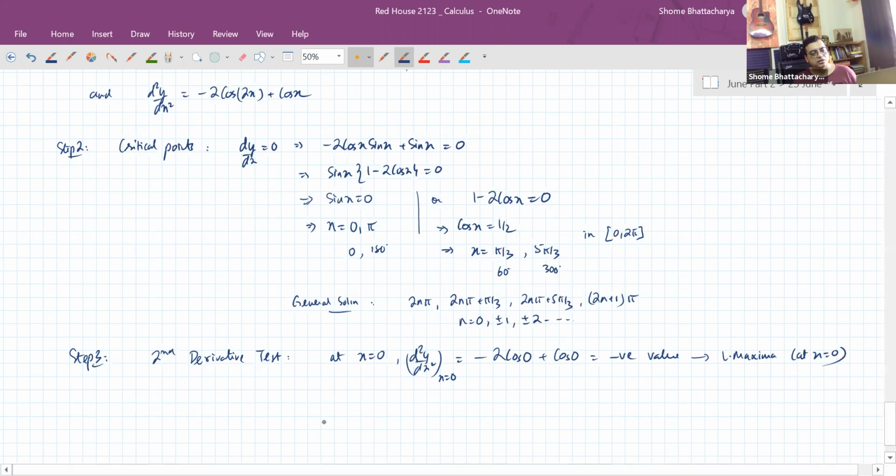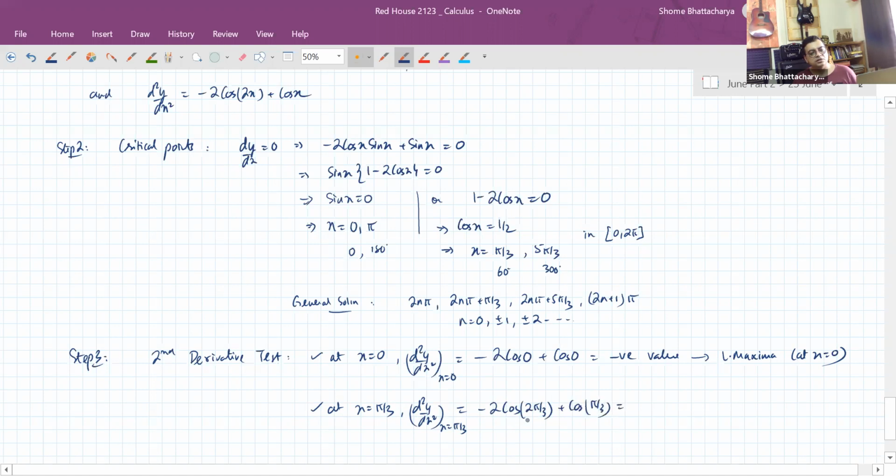Then at x equal to pi by 3, the second derivative's value is minus 2 cos 2x, so 2 pi by 3, plus cos pi by 3.